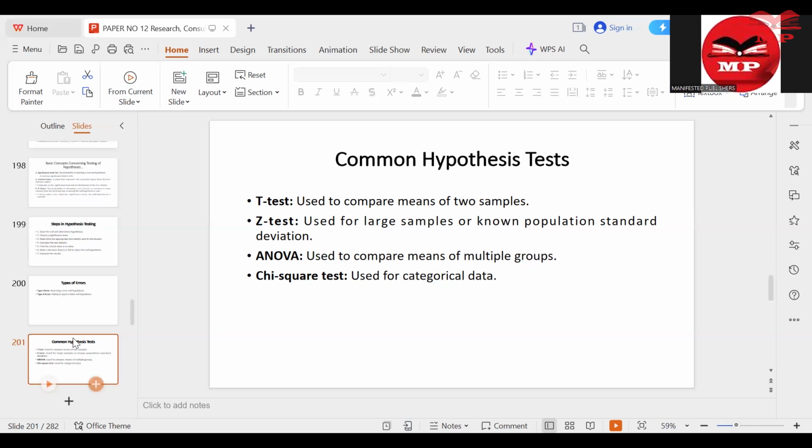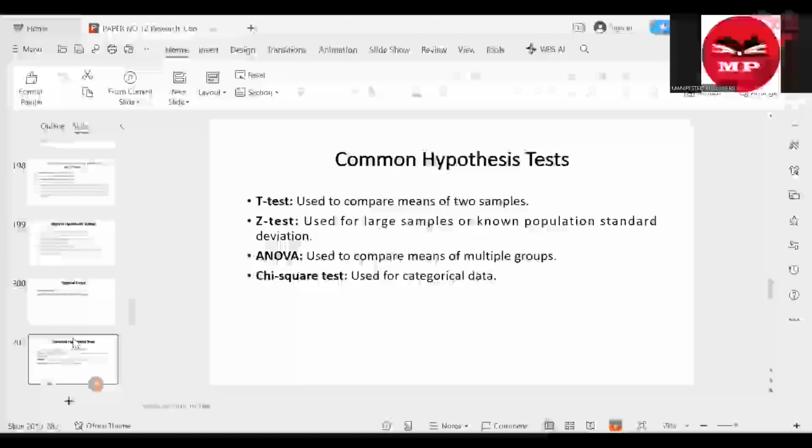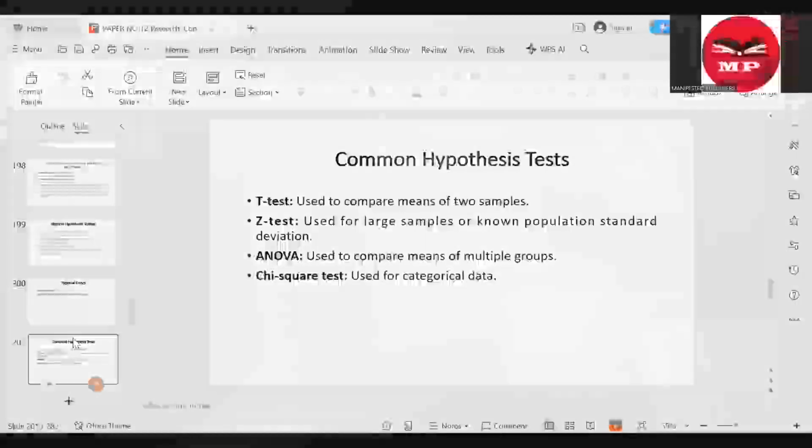So common hypothesis tests: t-test, used to compare means of 2 samples. Z-test, used for large samples or known population standard deviation. ANOVA, that is analysis of variance, used to compare means of multiple groups. Chi-square test, used for categorical data.